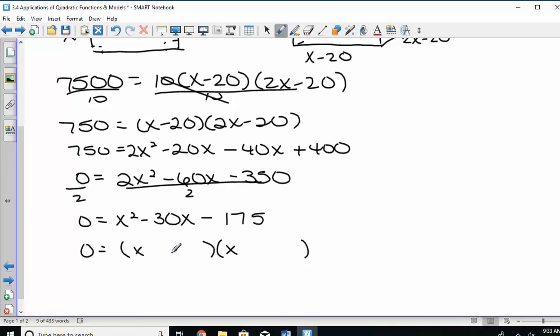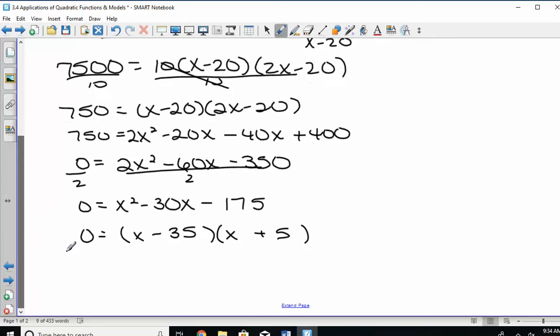Multiply to negative 175 and add to negative 30. So we get x equals 35 and x equals negative 5.